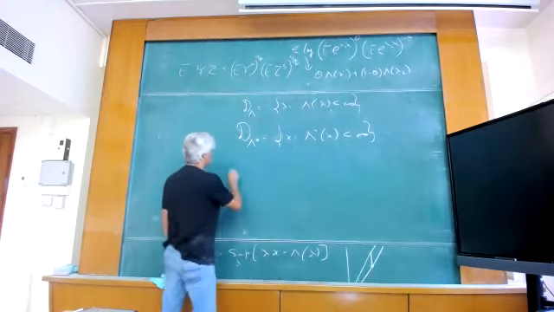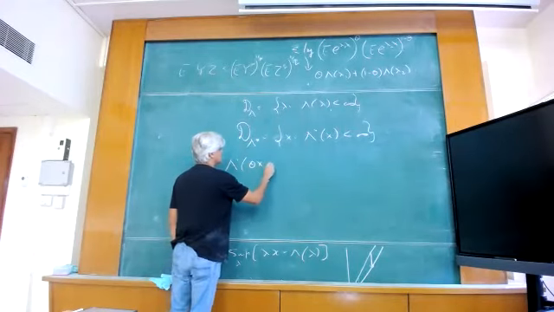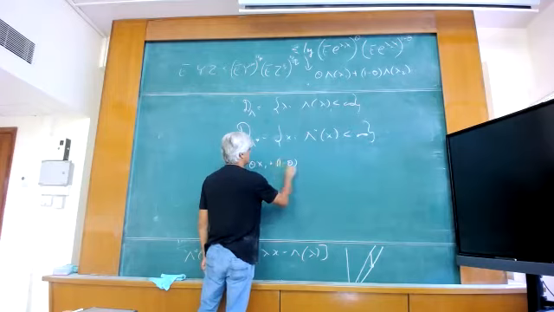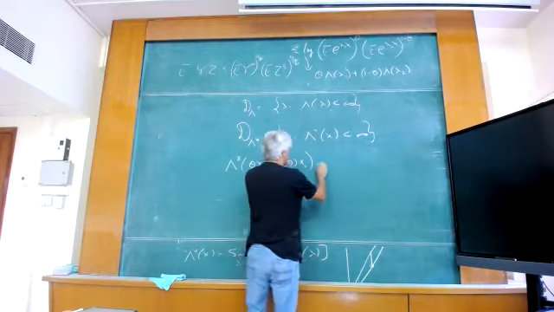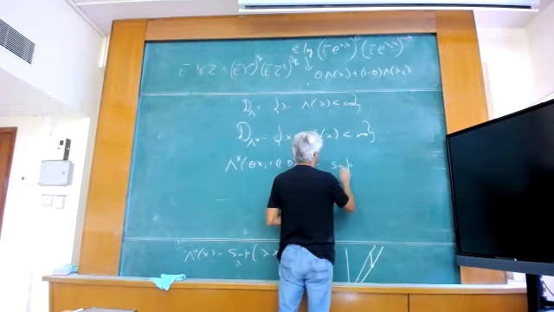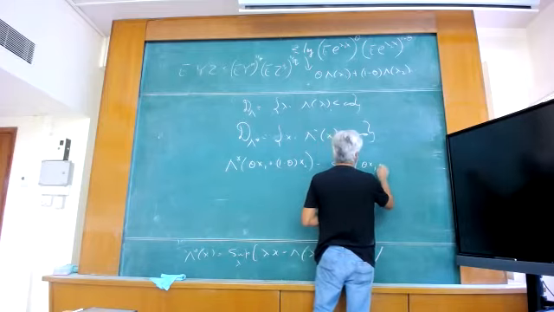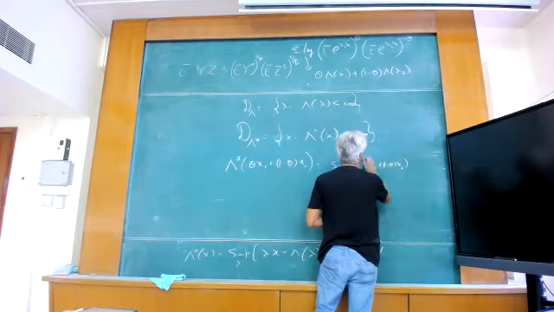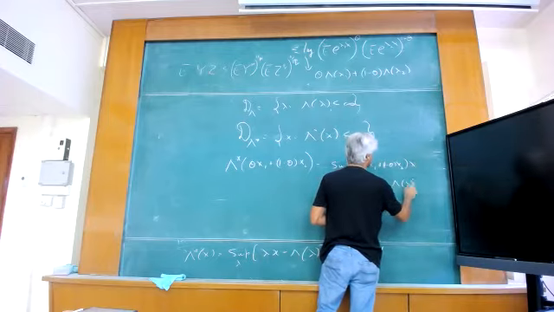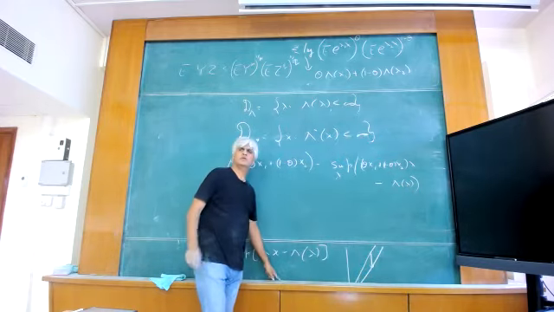So again, we look at lambda star of theta x1 plus 1 minus theta x2, and by definition it is the supremum over lambda of theta x1 plus 1 minus theta x2 times lambda, minus log moment generating function of lambda. Okay, so how do we proceed from here?